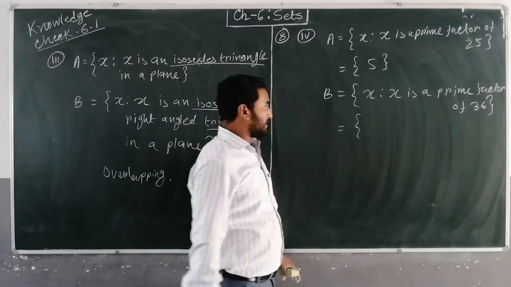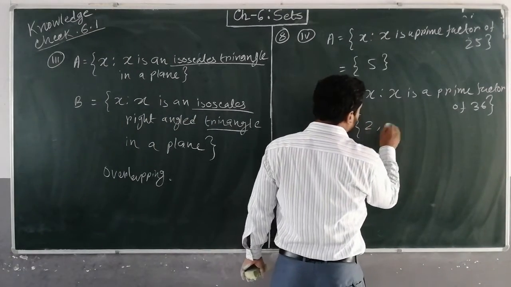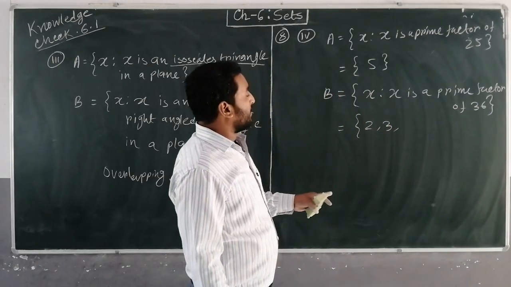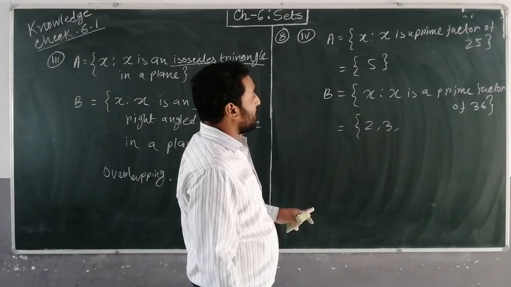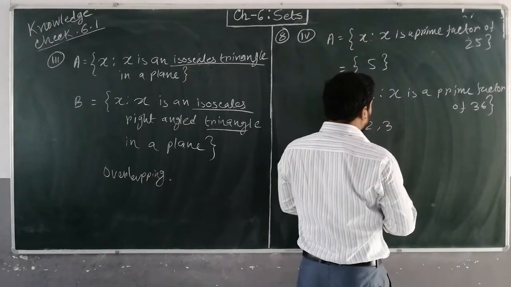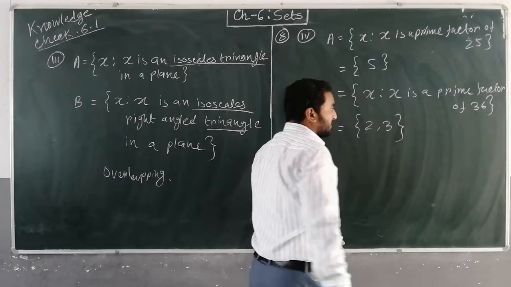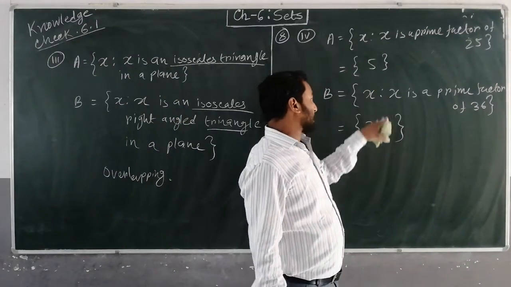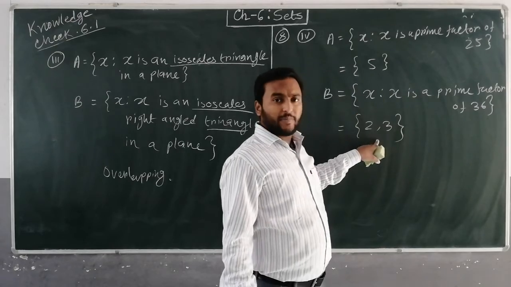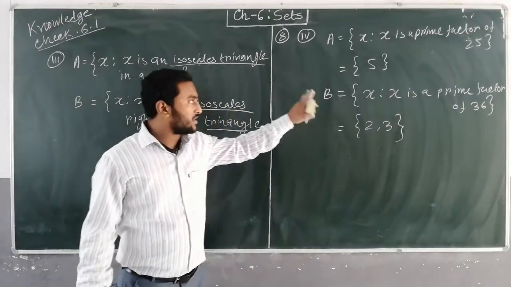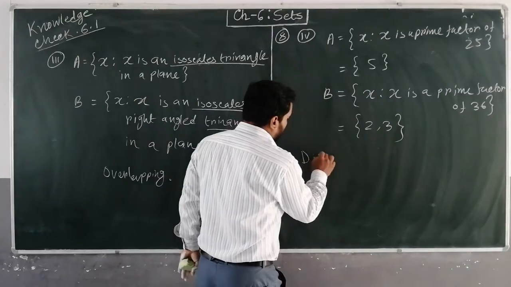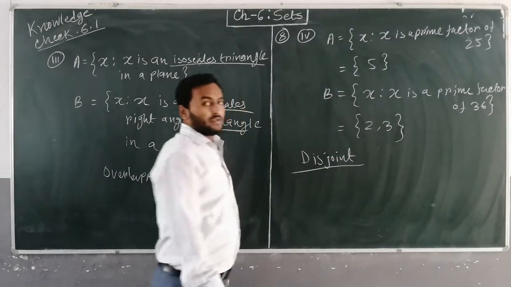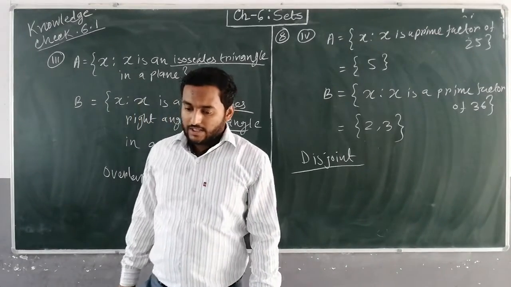But the prime factors are 2 and 3. Only these two are prime, and the rest of the factors are not prime. Now see these two sets: there is no element in common. So these two sets are disjoint sets.